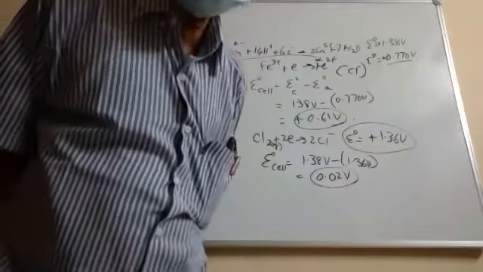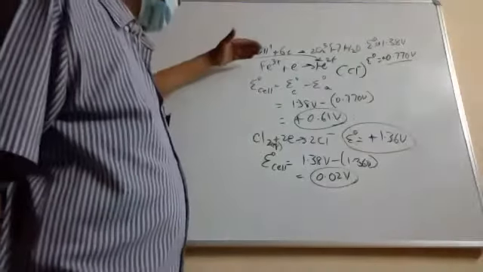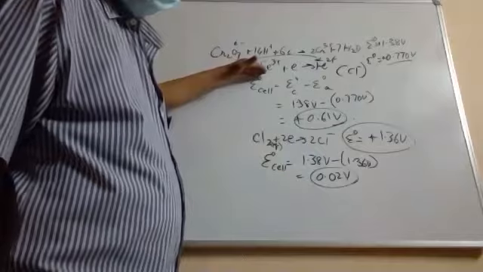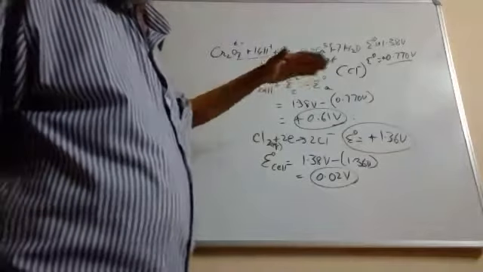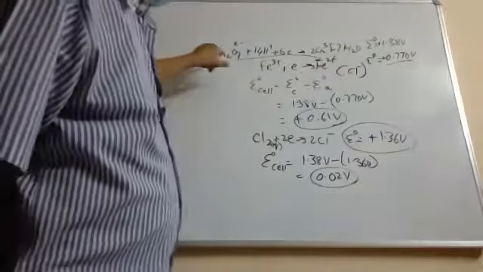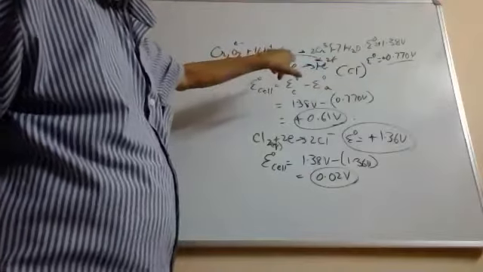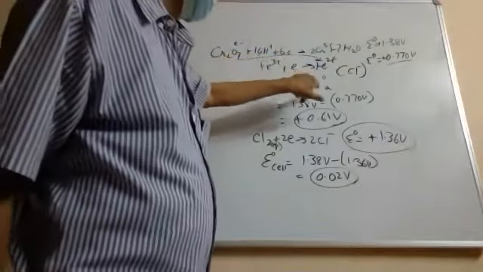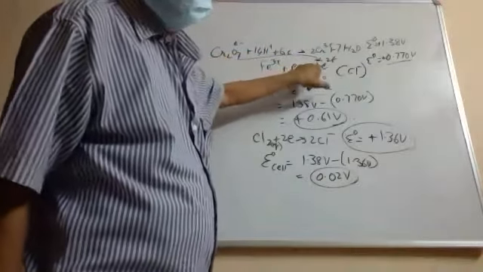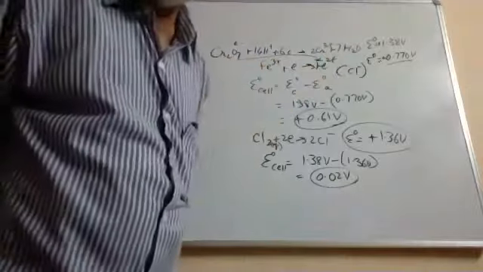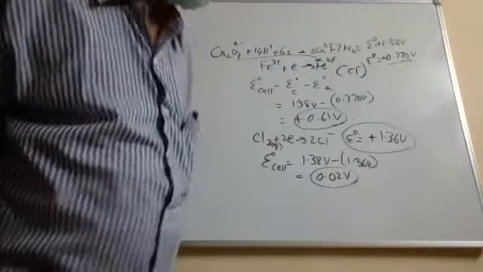So to summarize, one can use the redox potentials to estimate whether or not a species is more oxidizing, or more easily reduced, relative to a species that is less easily reduced, like iron 3 plus to iron.